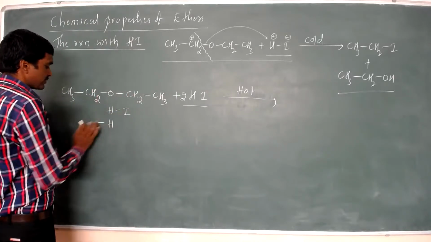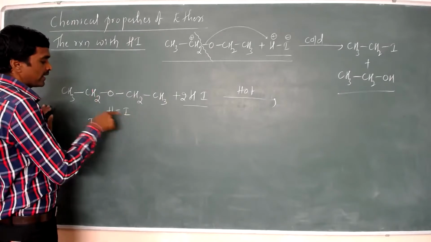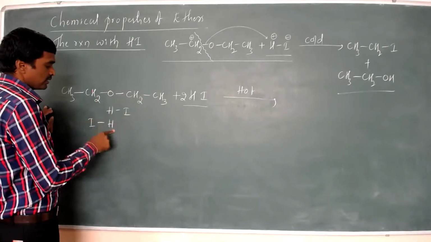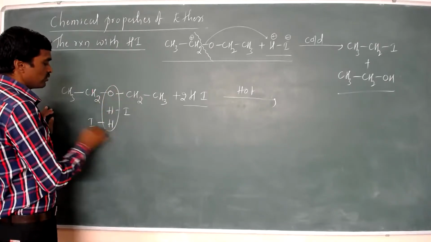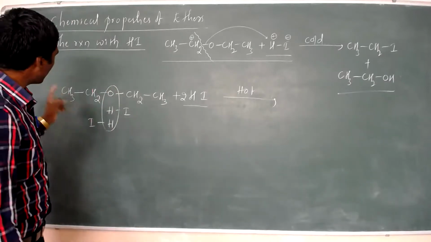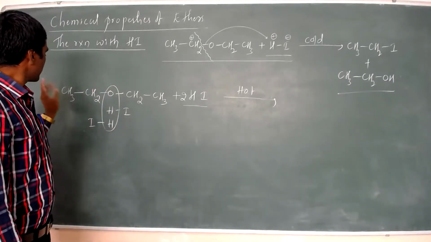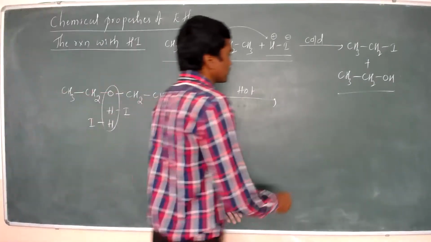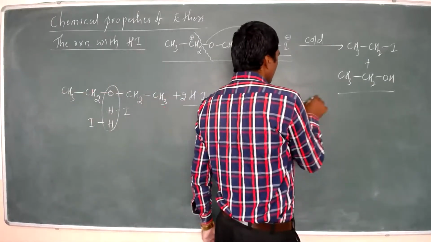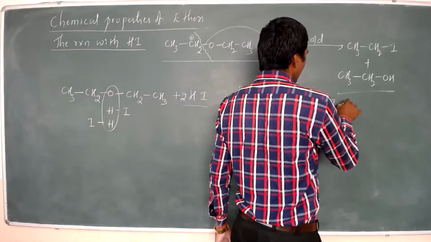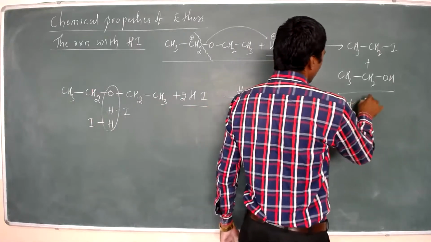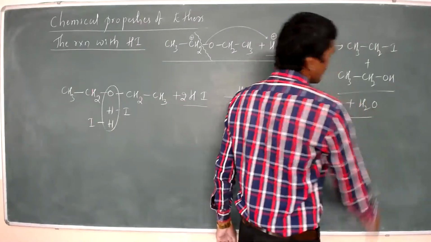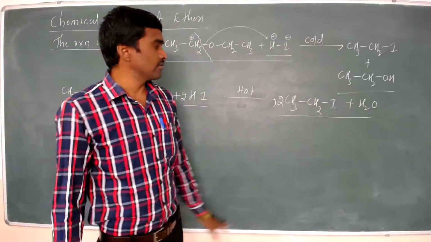Then you remove the water molecule. So you get 2 moles of CH3CH2I, plus a water molecule will be eliminated.